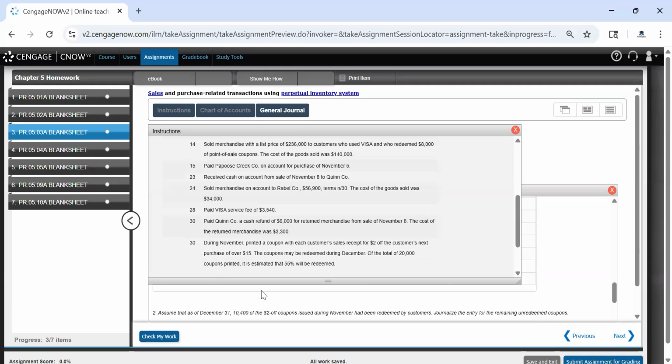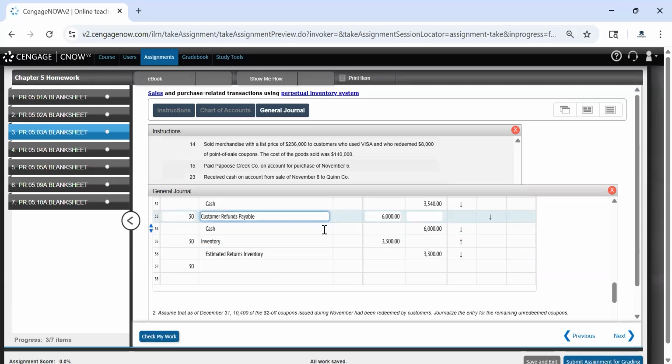Now we have to make our debit to customer refunds payable because we already accrued for the refunds that are going to happen. And then a debit to cash. So we're reducing our refunds liability, and we're also increasing our on-hand inventory and reducing our estimated returns inventory accrual.